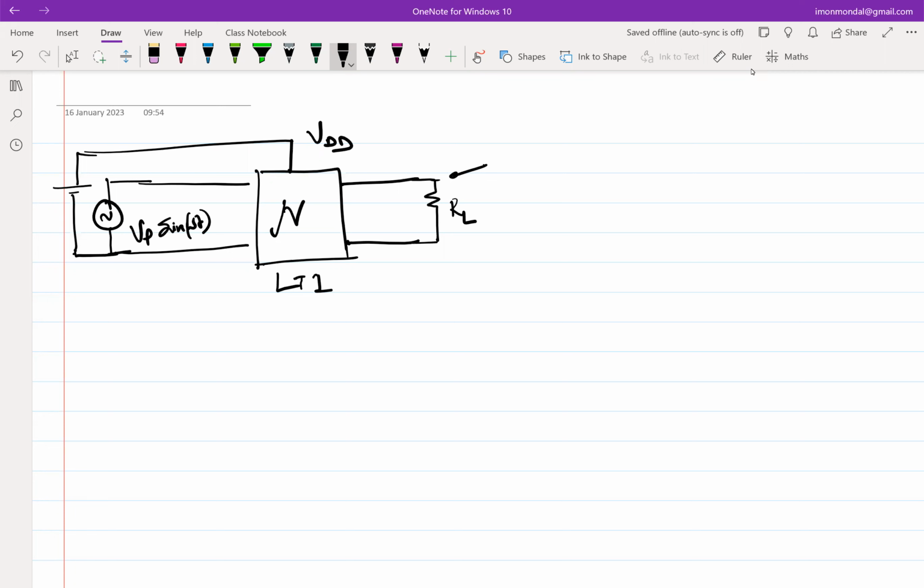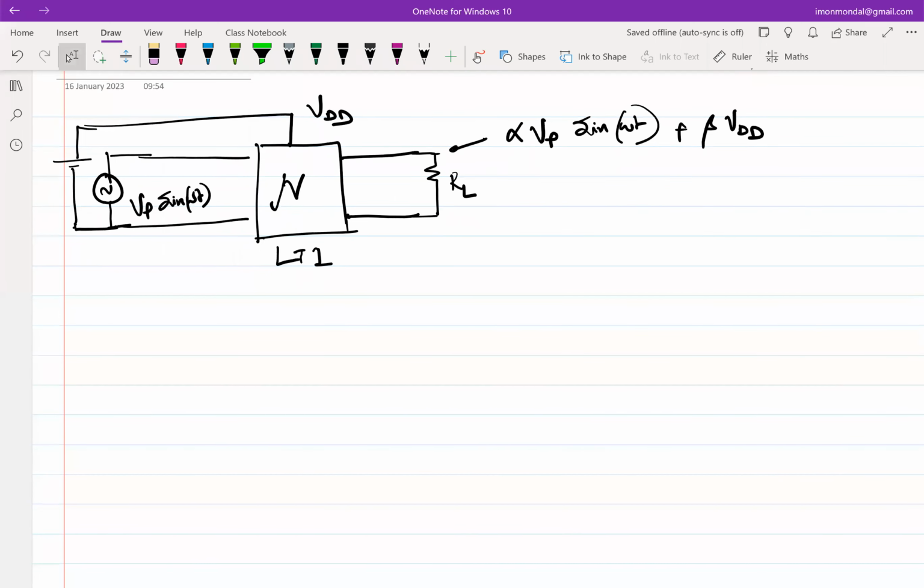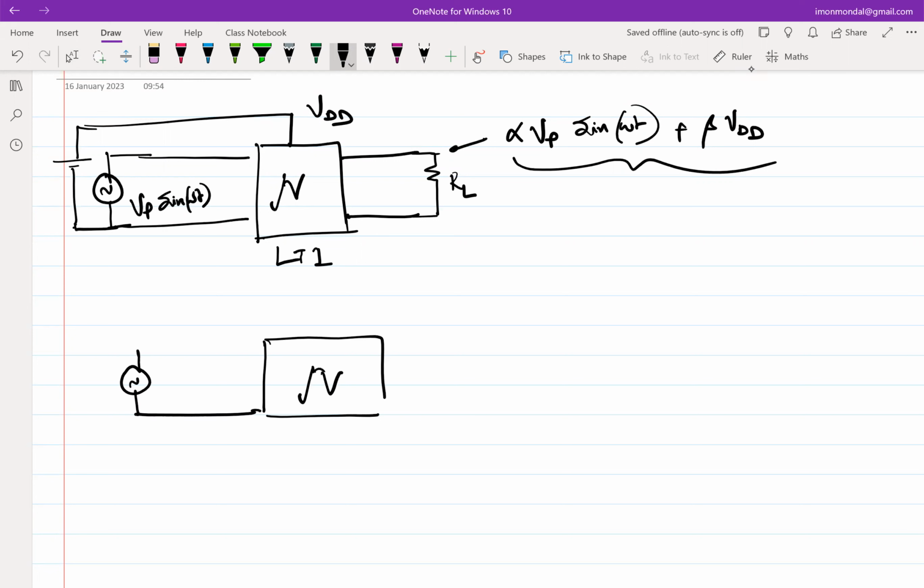So here, if we say that what we get is alpha Vp sine omega t plus beta VDD, where obviously alpha and beta are characteristics of the LTI network N. Now, if I redraw how we got this, we will see that to get this electrically, or if you have to do an experiment, this is how we will proceed.